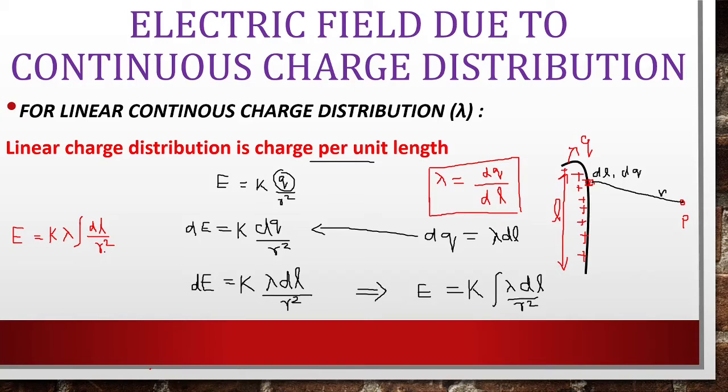So this is the electric field experienced at point P due to our linear charge distribution. And lambda is equal to dQ by dl.